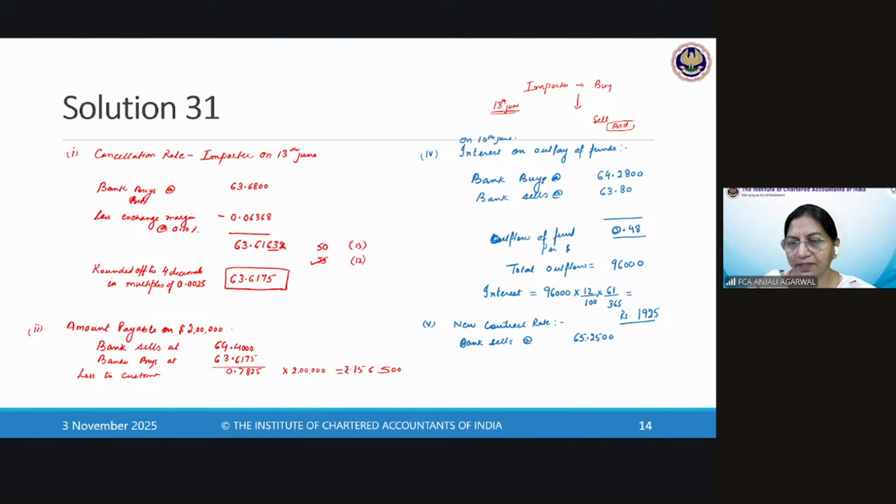Here again, margin would be applicable. The new rate would be 65.31525.